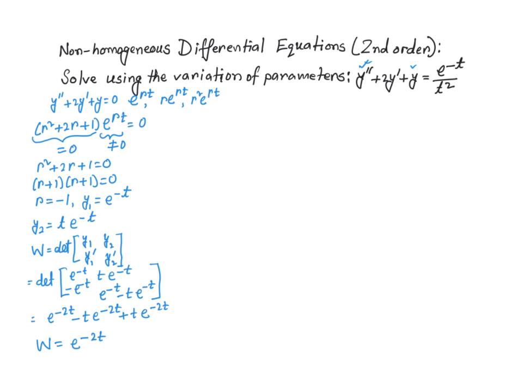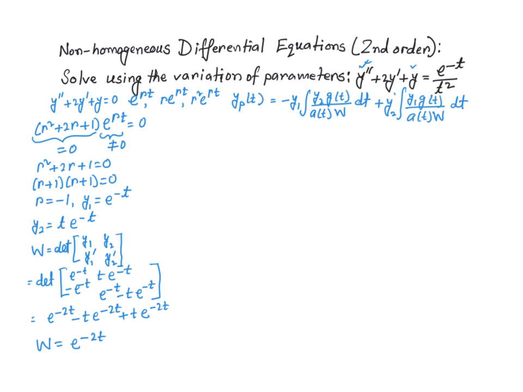So the particular solution, y sub p of t, is going to be equal to negative y1 times the integral of y2 g of t over a of t times the Wronskian w, integrated with respect to t, plus y2 times the integral of y1 times g of t divided by a of t times w, all of it integrated with respect to t.